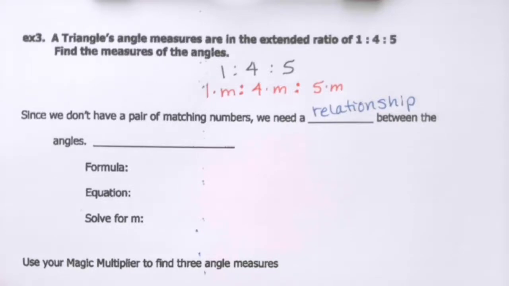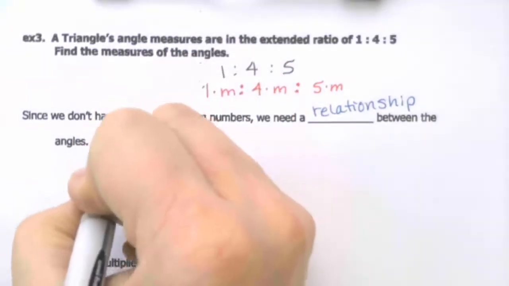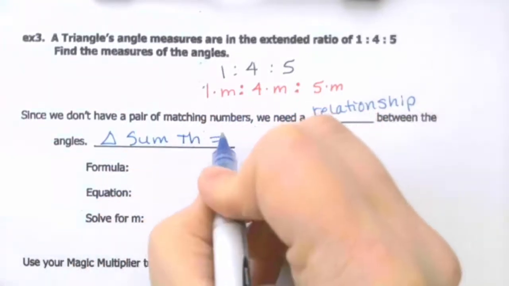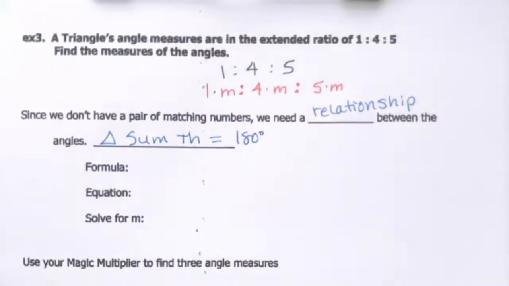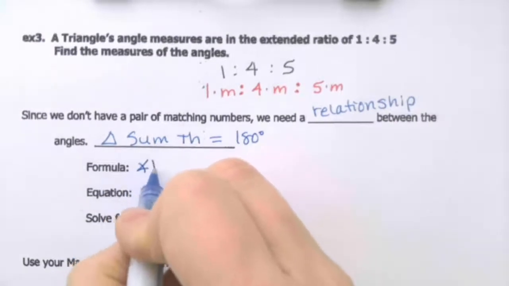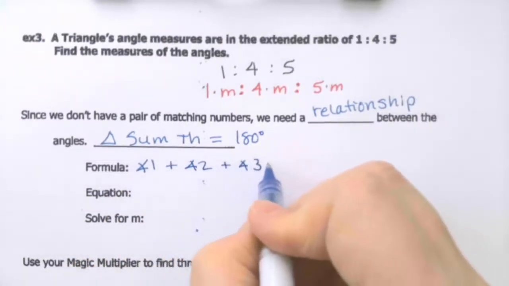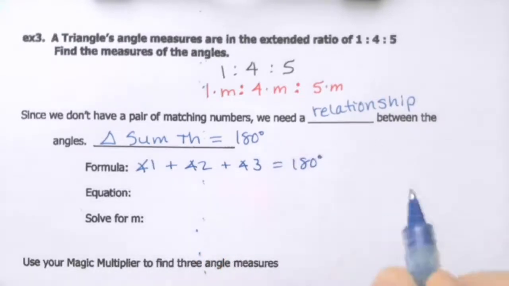Well, if it's a triangle, then we have the triangle sum theorem that says all of the angles have to add up to 180. So whatever angle 1 is, plus angle 2, plus angle 3 has to be 180 degrees.